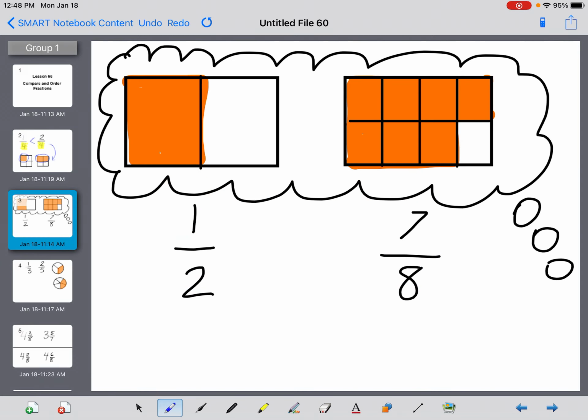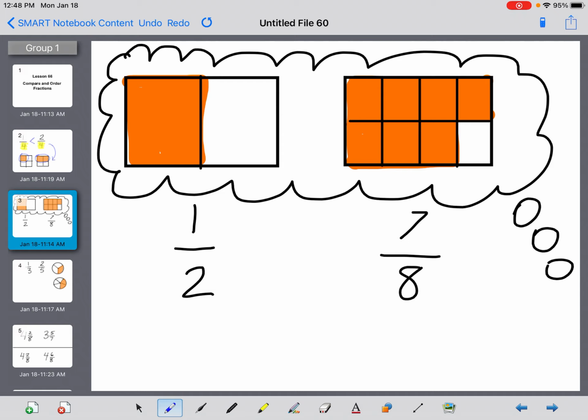And sometimes it's even easy, depending on the fractions themselves. If they don't have the same denominator, sometimes it is still easy to figure out which one is larger. So if you take, for example, the fraction 1/2 and 7/8, if you just do a little bit of thinking, and that's why I have here a thinking bubble, and imagine how much chocolate it is.